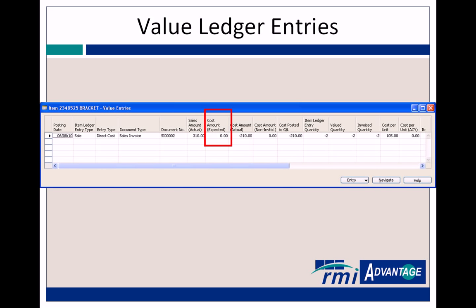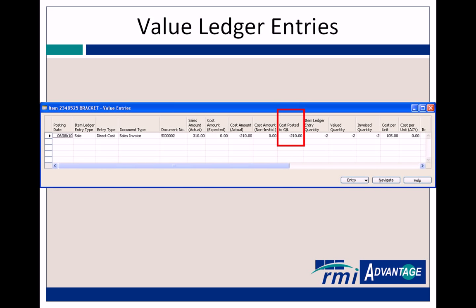What we do have is the cost amount actual. Because we have that quantity on hand, the system knows what we paid for these two items that we sold, and it populates the cost amount field with that value. Our cost that was posted to the GL was for the cost, again, of the two items and what they cost us when we purchased them.